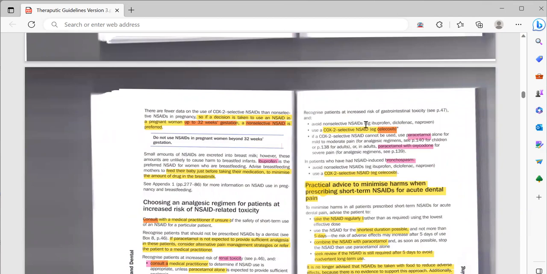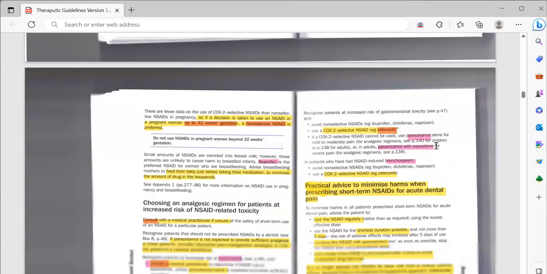That means you cannot give them ibuprofen, diclofenac, and naproxen. The drug you can give them is the COX-2 selective, which is celecoxib. If a COX-2 selective NSAID cannot be used, then use only paracetamol for mild to moderate pain. And if there is severe pain, then use paracetamol plus oxycodone.